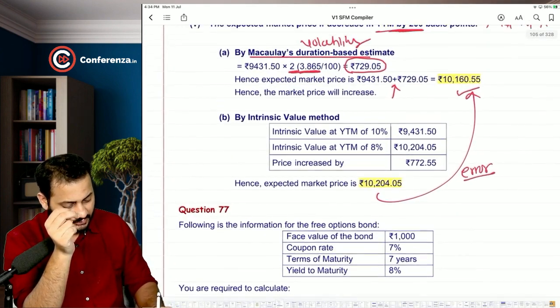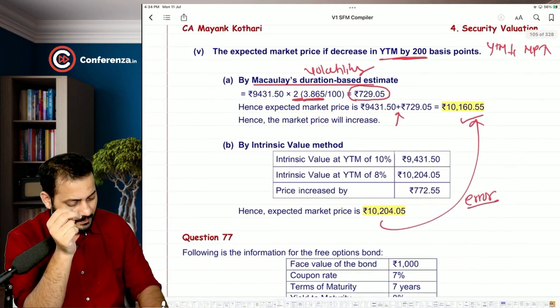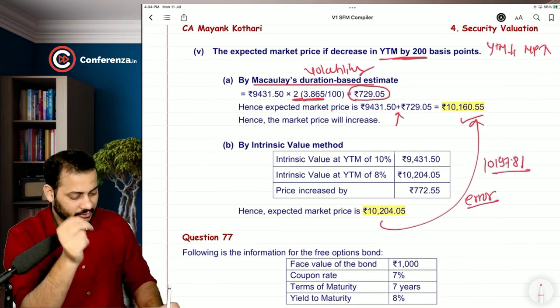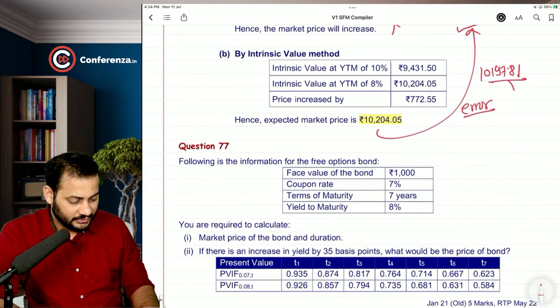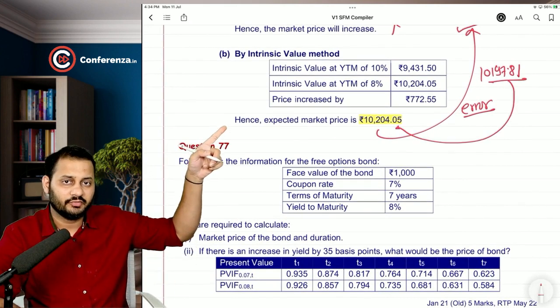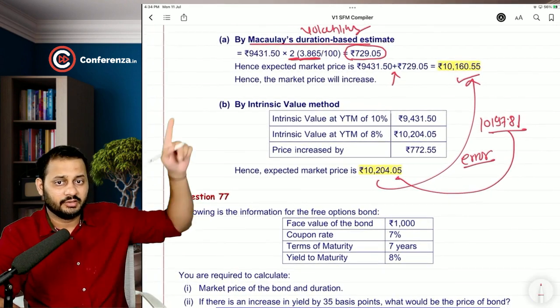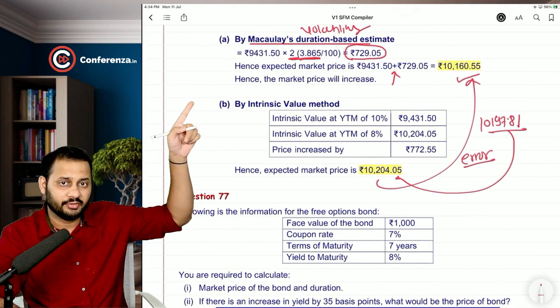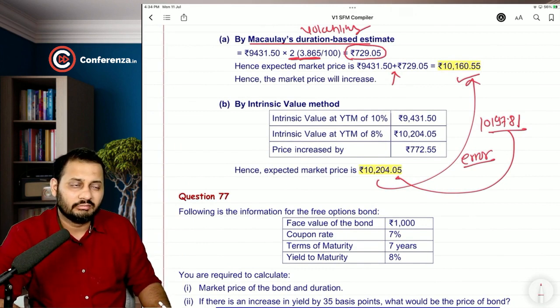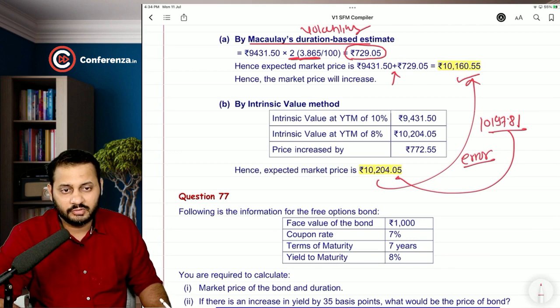The answer is 10,197.81. Now can you clearly see this answer is very close to the real, actual answer of 10,204, but the answer by Macaulay's duration or the modified duration was a little more off, we can say error, or it was inclusive of error.